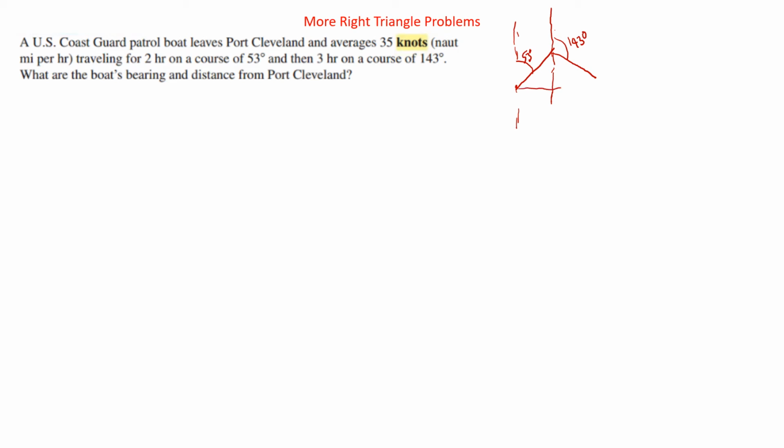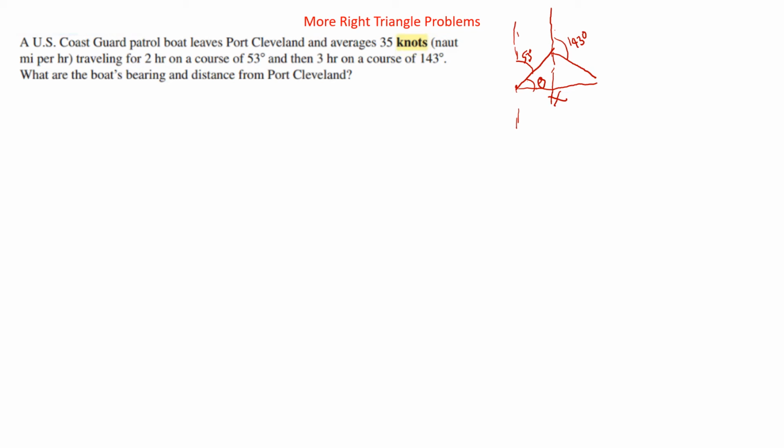And so it's looking for this angle and that distance, the bearing and distance from Port Cleveland. And it's not actually looking for that angle, it's looking for that angle plus 53, because that will be the actual bearing.